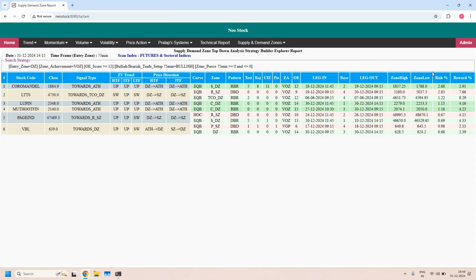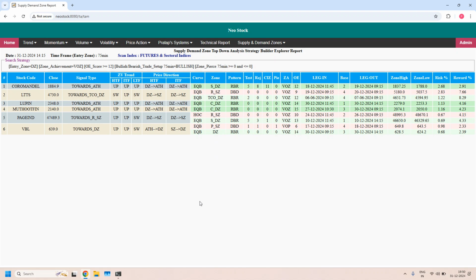Let's filter. We got 6 stocks. Currently, these 6 stocks are supporting bullish trade setup for weekly income trade, and these entry time frame zones are 75 minutes demand zones. Out of these 6 75 minutes demand zones, there are some high probability setup supported zones based on high liquidity zones.